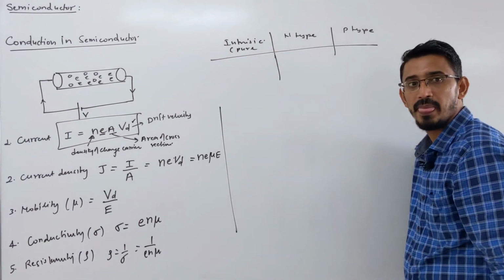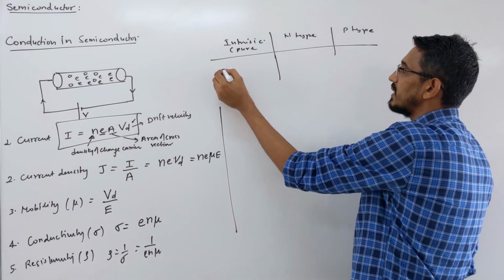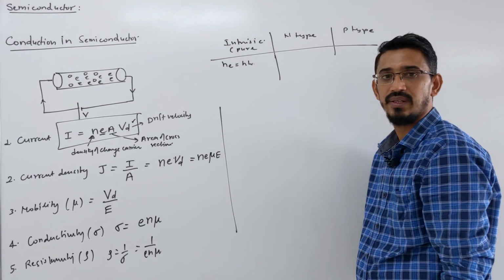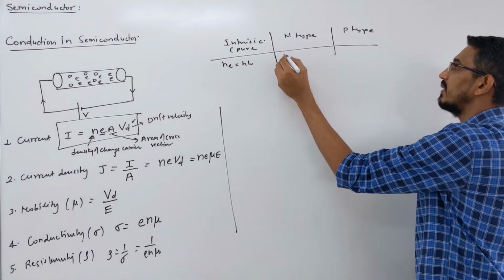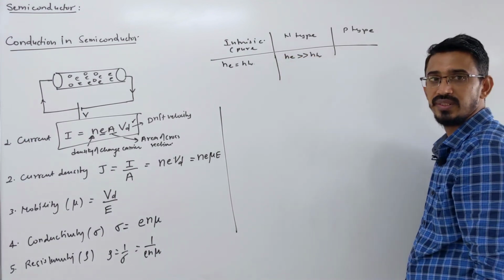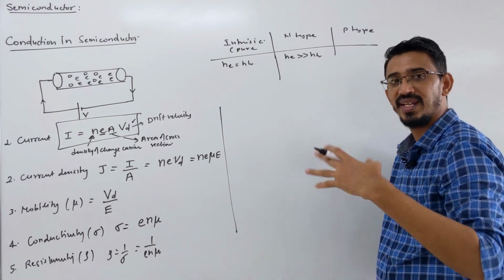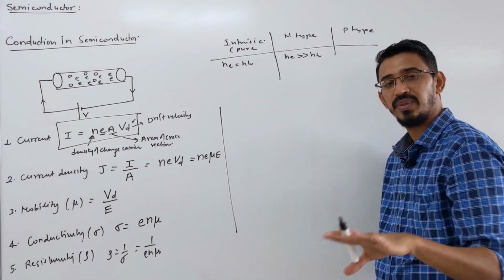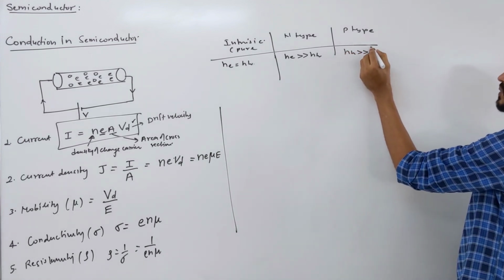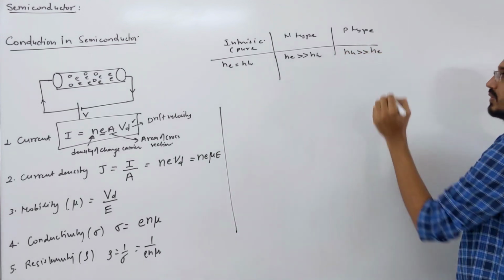Look here. In this case, number of electrons and number of holes are equal. Correct? Here, number of free electrons is much more than number of the holes. Number, when I say number, is always number density, number of charge carriers per unit volume. And here number of free holes is much more than number of the free electrons.